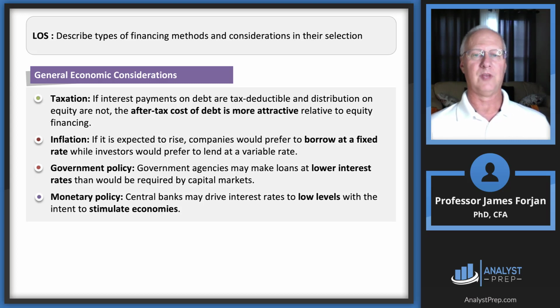And then finally, central banks may do something, how about if I use the term quantitative easing, so that in the United States, the Fed goes out and buys tons and tons of Treasury securities, tons and tons of mortgage-backed securities, and probably other securities out there, thus bidding up the price of those bonds, which will lower the yields on those securities. And the intent is to stimulate the economy.